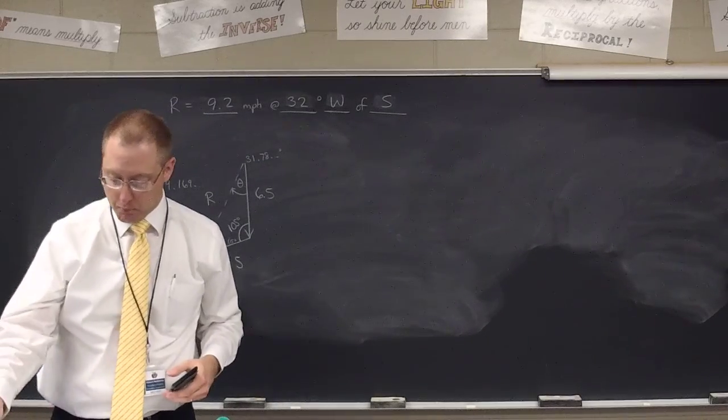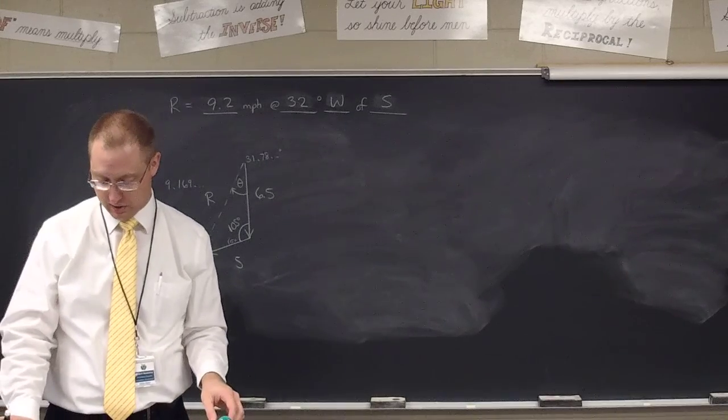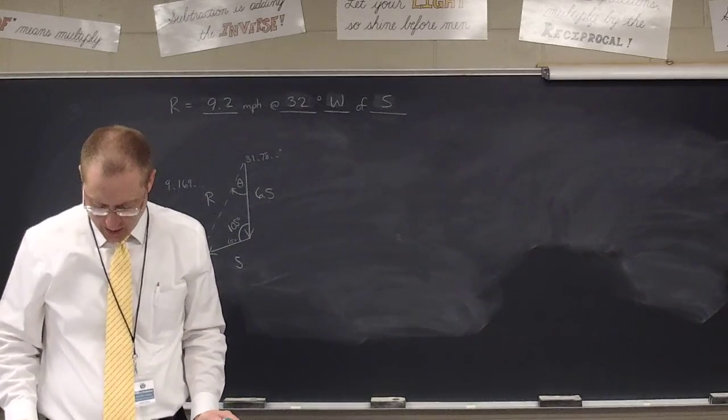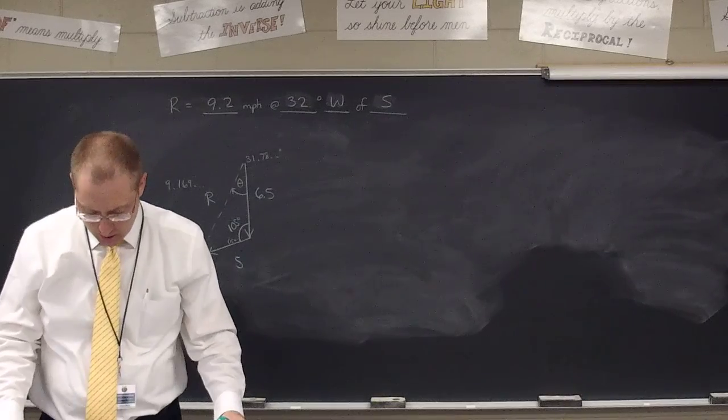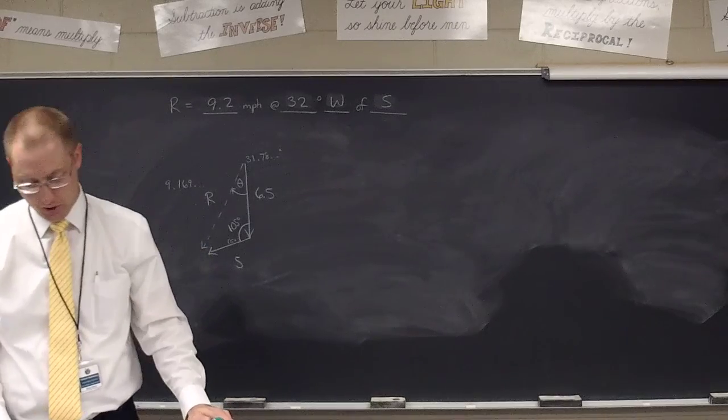All right, we've got time for one more, and we'll save the last one for homework, but let's take a look at number 4 next. Ocean liner heading north, 22 miles an hour, comes into a current 13 miles an hour, 56 degrees west of north.